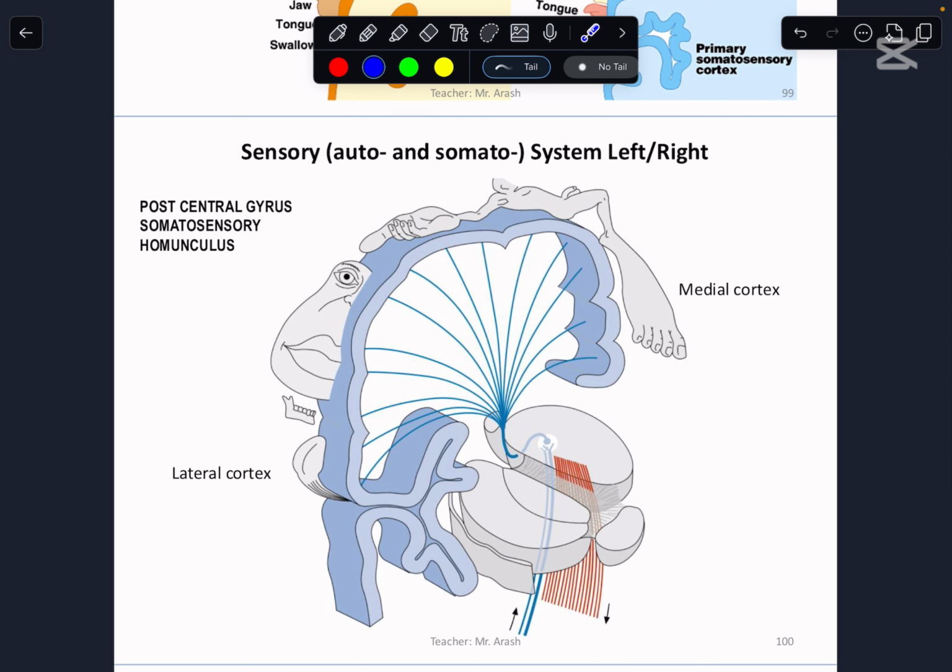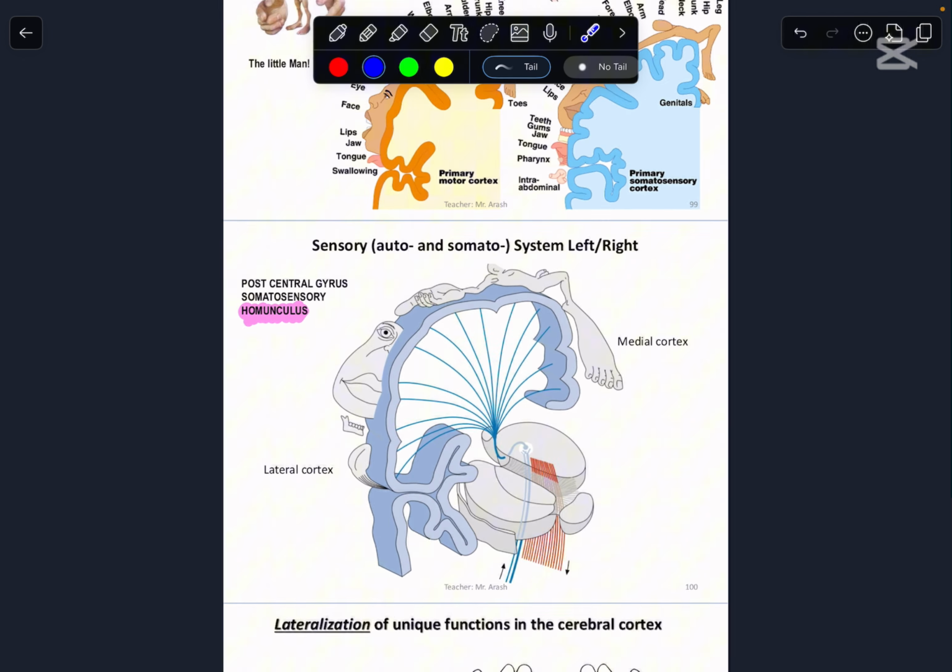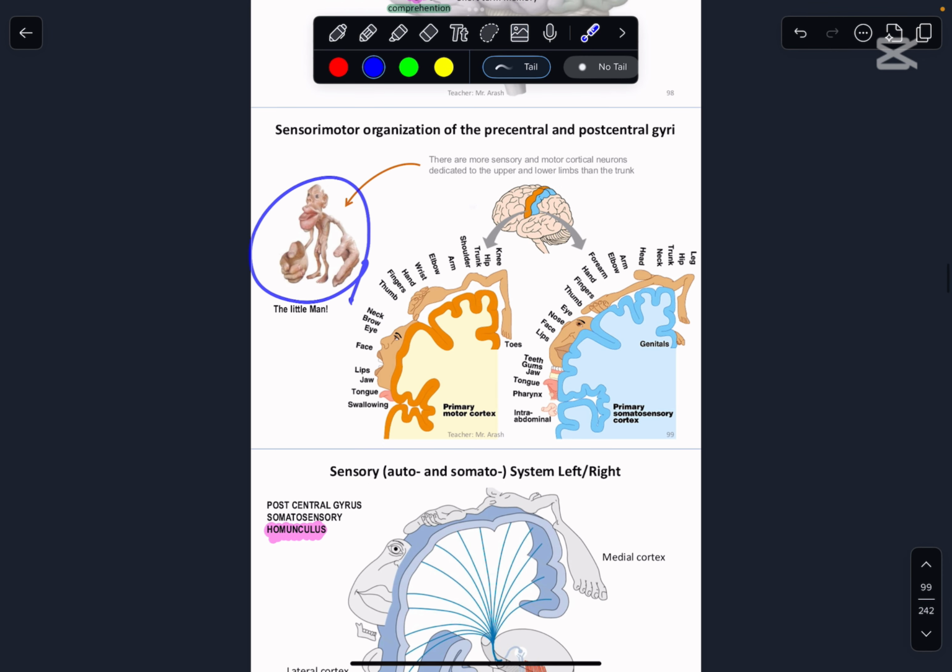That's what we call contralateral lateralization. By the way, this is the same thing as I said before. This picture, guys, is called the homunculus, or the little man. Same thing.